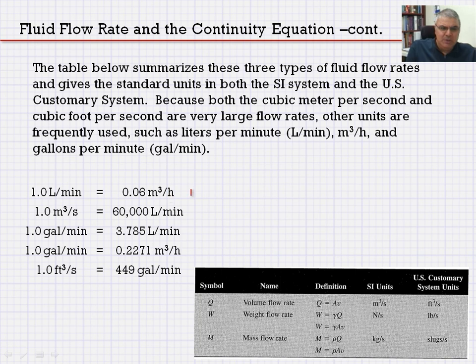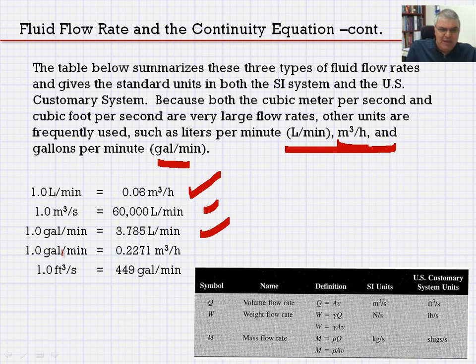As such, the conversion units given here convert 1 liter per minute to cubic meter per hour. H stands for the hour, so this is cubic meter per hour. This is liter per minute, and gallon per minute, and so on. This is also liter per minute, but the conversion would be from gallon per minute to liter per minute.